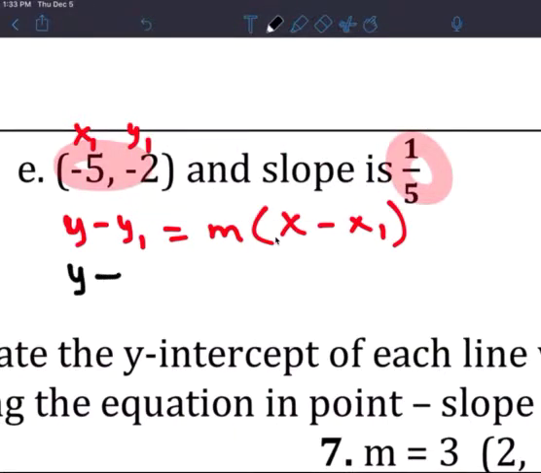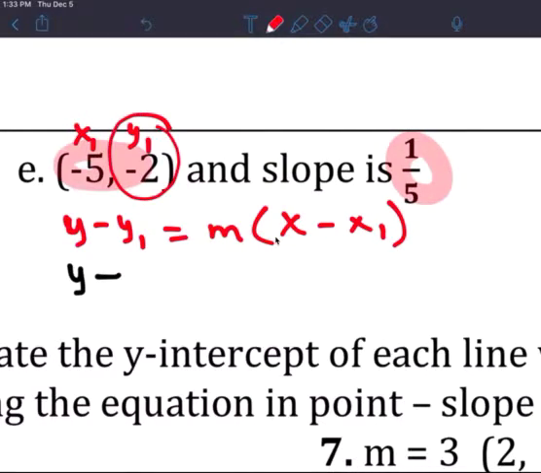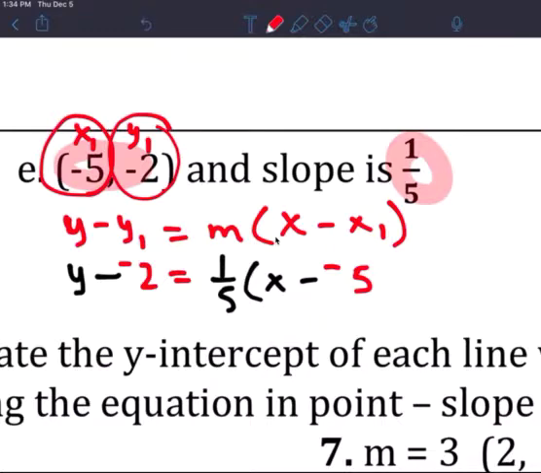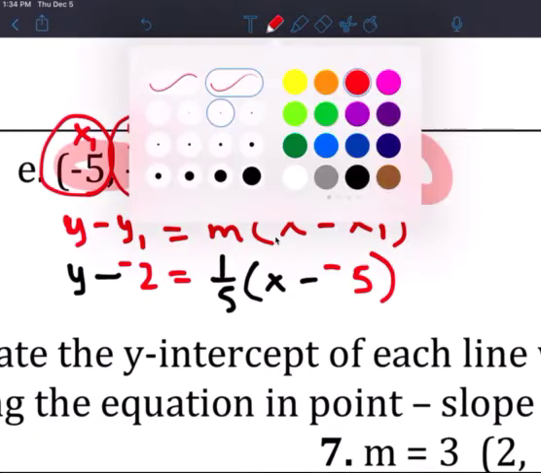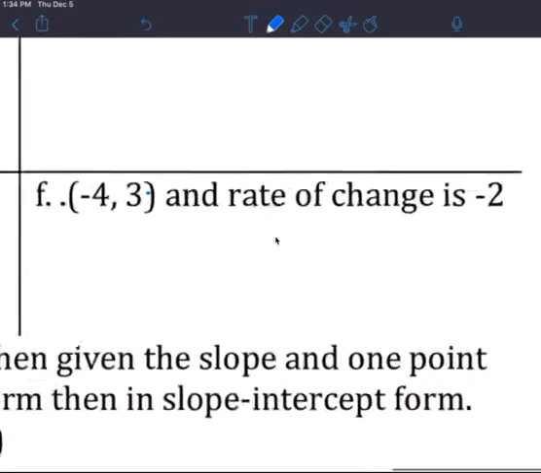Y minus y sub 1 is this negative 2 equals m. M is 1 over 5 parentheses x minus, and then of course x is negative 5, not 5, okay? Then you do the additive inverse, any minus problem.